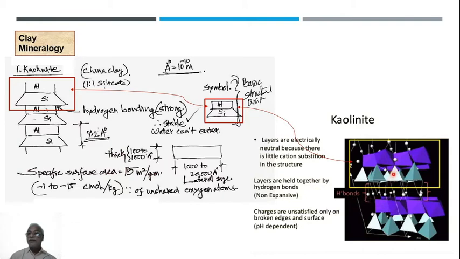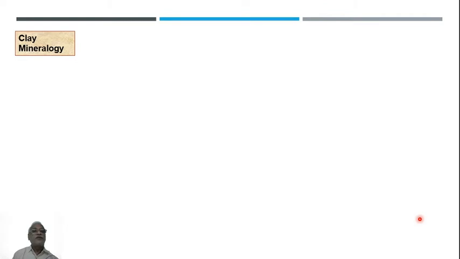In between the layers you have these hydrogen bonds. Charges are unsatisfied only on broken edges and surfaces. So you can just see here one oxygen atom is hanging, otherwise the others are attaching one to the other, right? Okay, we'll see further.